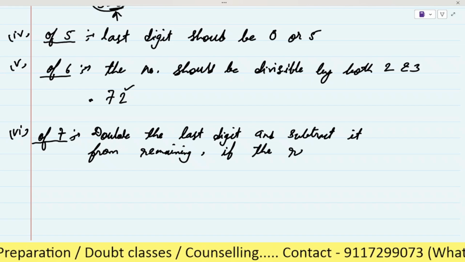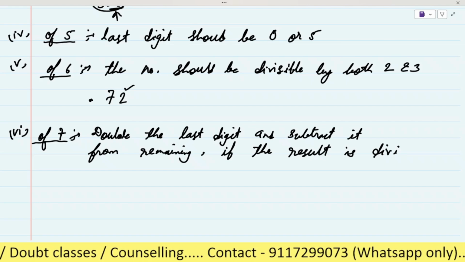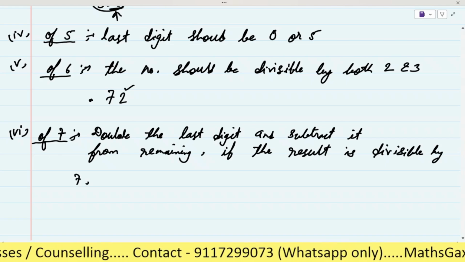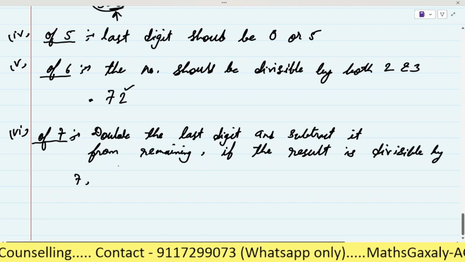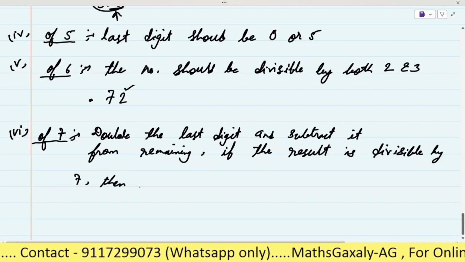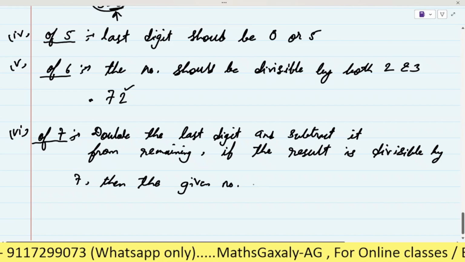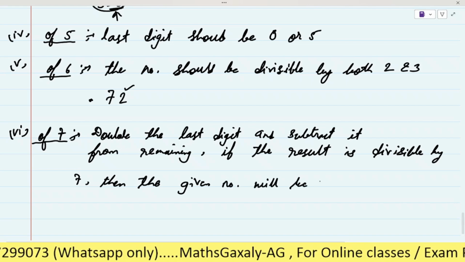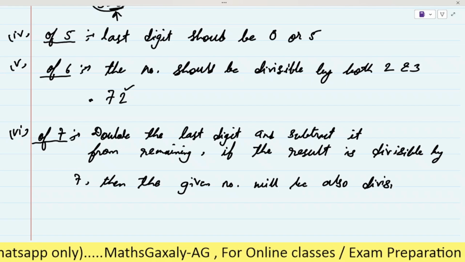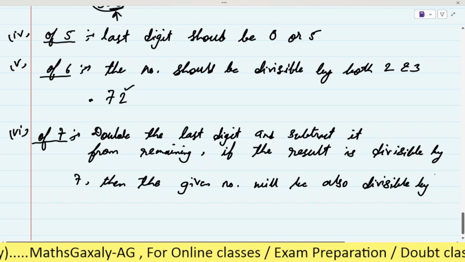If the result is divisible by 7, then the given number will also be divisible by 7.